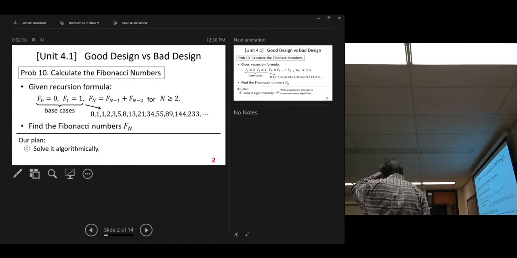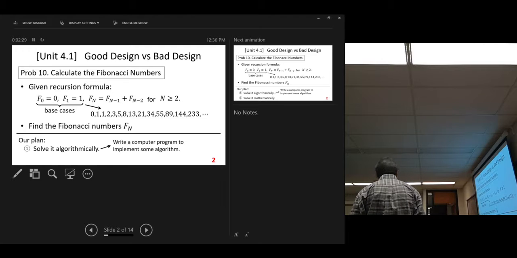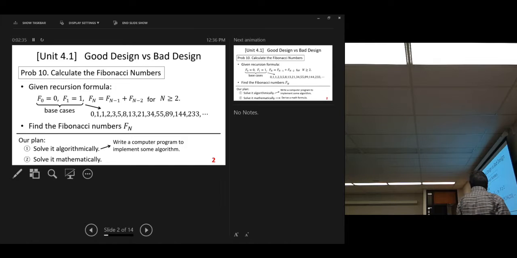Basically, two different ways. The first one, we can find an algorithm, or just from the formula, we can write a program to solve it. Yeah, a simple program, we can solve it. But the second way, solve it mathematically.